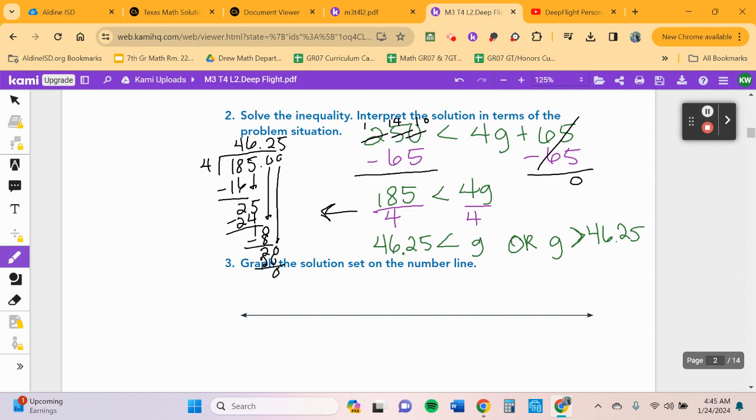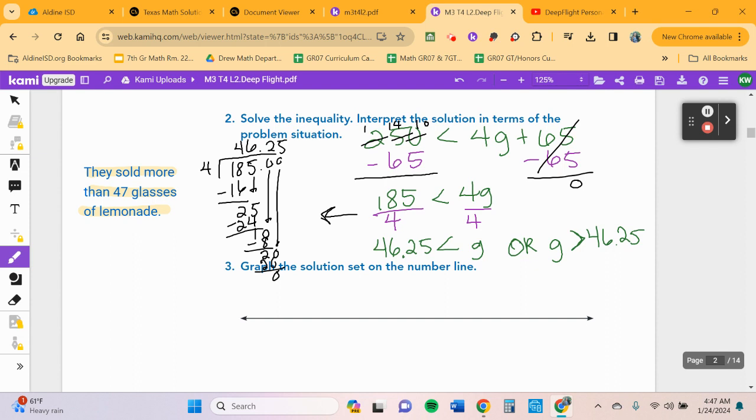No need to pause the video. Think about it for a second and then say your answer out loud. If you said 47 glasses of lemonade, you're absolutely correct. We need to interpret this as they sold more than, or the glasses G is greater than 47 glasses.